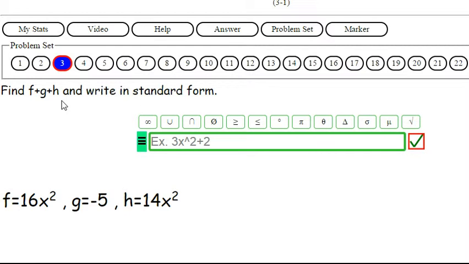Except these monomials, there's one with an exponent of 2. H is equal to 14x squared. Okay, got that. Wow, that's 46 seconds.